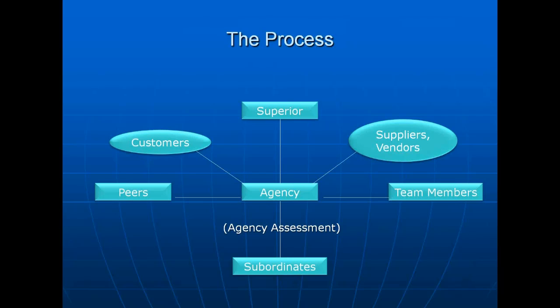We're going to try to obtain feedback from the 360 degrees that directly surround that area, whether it's the clients or customers that area of the agency serves, whether it's the suppliers, vendors, funders, donors, etc., that level of agency specifically deals with. We're going to try to obtain feedback from the superior, that's the level directly on top of that area of the agency, the team members, the peers, and the subordinates, directly related to that specific area of the agency.